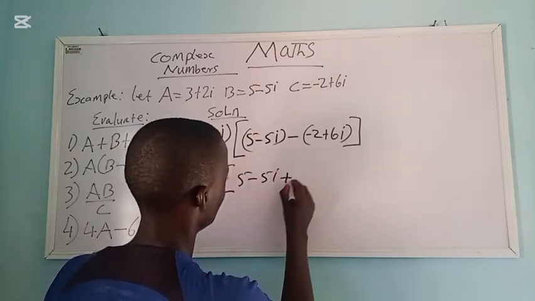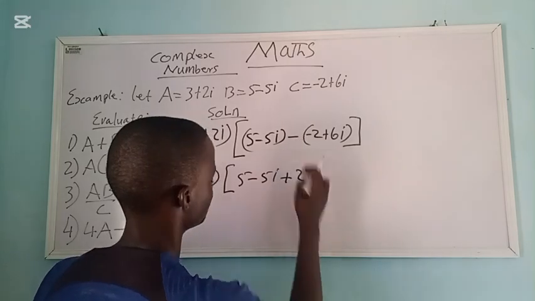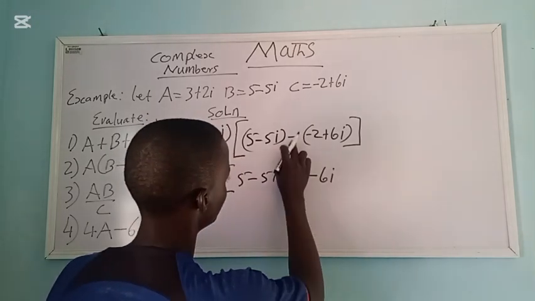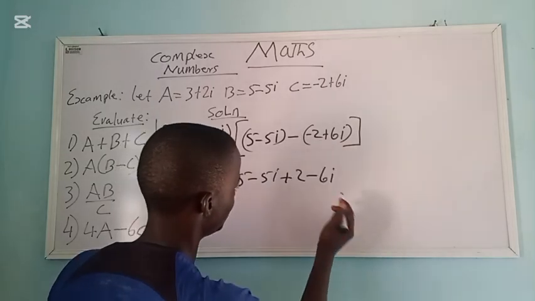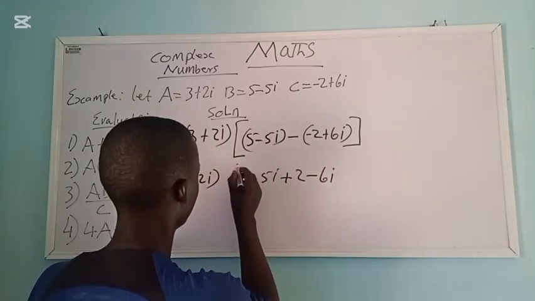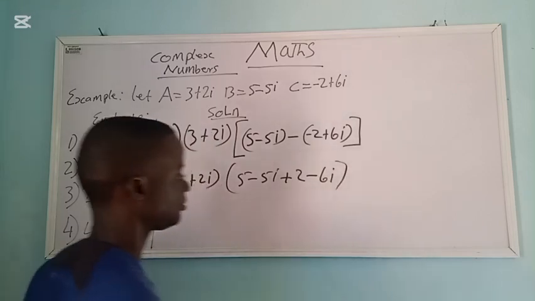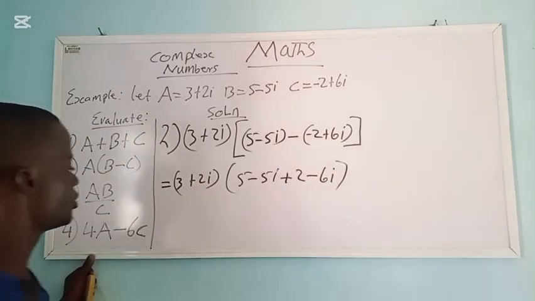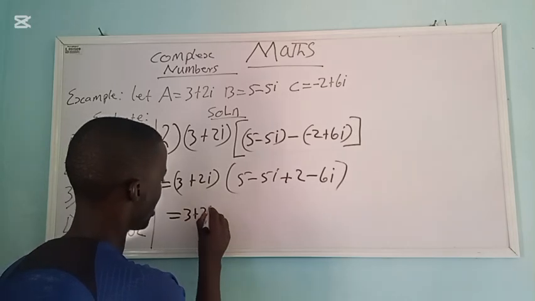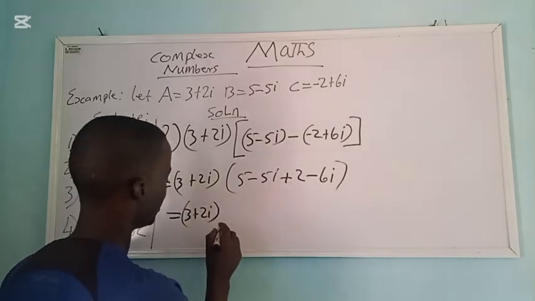So when we deal with this one, let me bring everything out. Minus times minus will be plus, so we write 2, then minus 6i, because when you times this one, it will give you minus. So now it will be equals to 3 plus 2i, all in bracket.